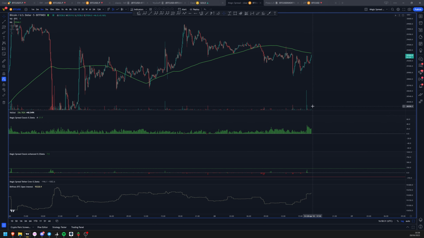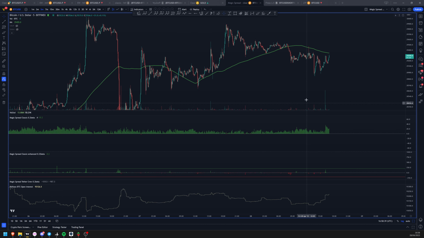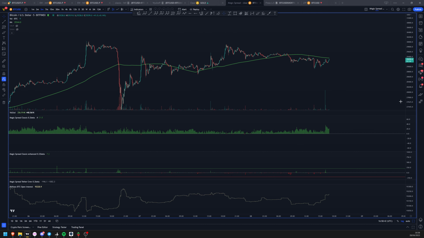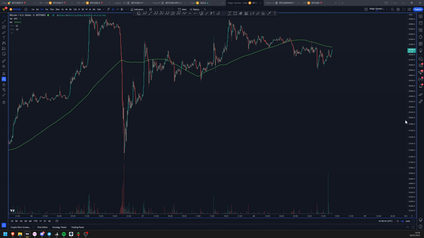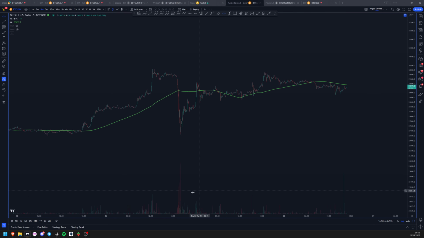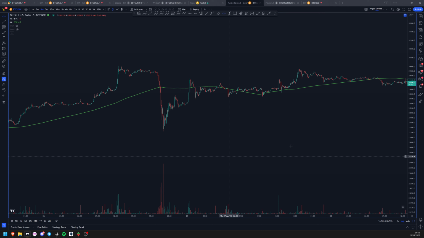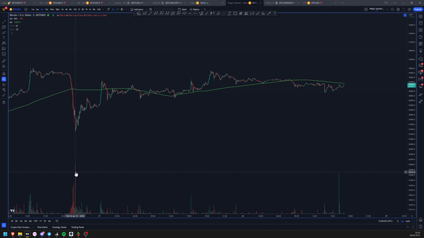Well, there's no volume now. Just a fat finger of 100 BTC, 245 BTC. Which is quite significant here, as you can see on Bitfinex volume. It has as much volume as the spike at the end here.